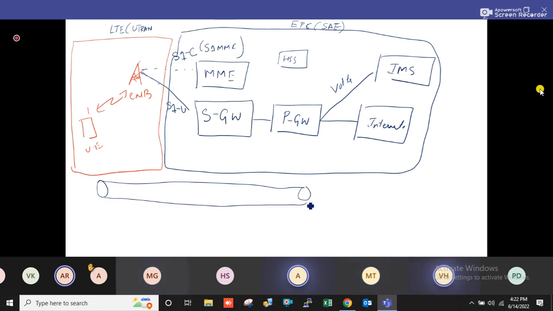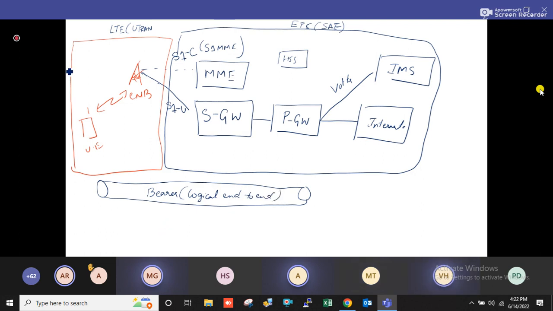Because if I don't have a logical connection, I cannot do any data transaction. This connection is called as bearer. Okay, you're getting my point. What do you mean by bearer? Bearer means a logical end-to-end connection. Okay, why am I saying logical?